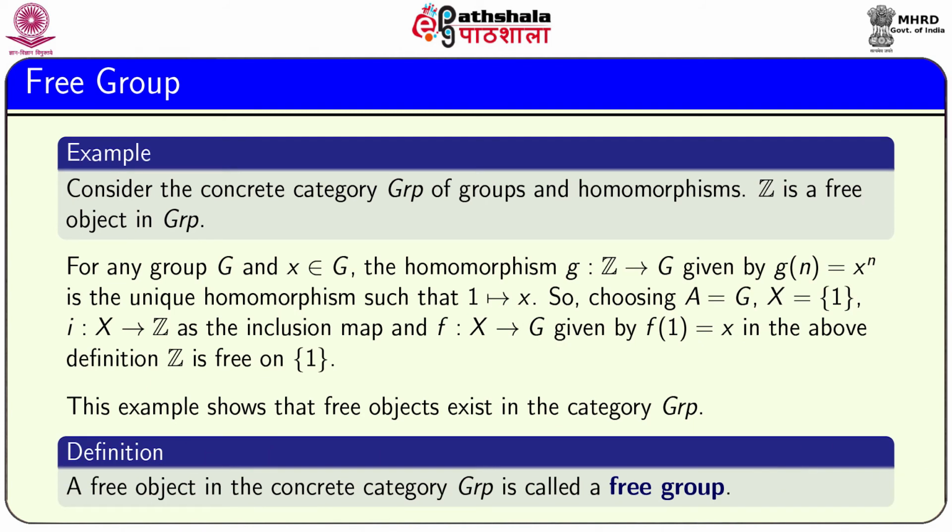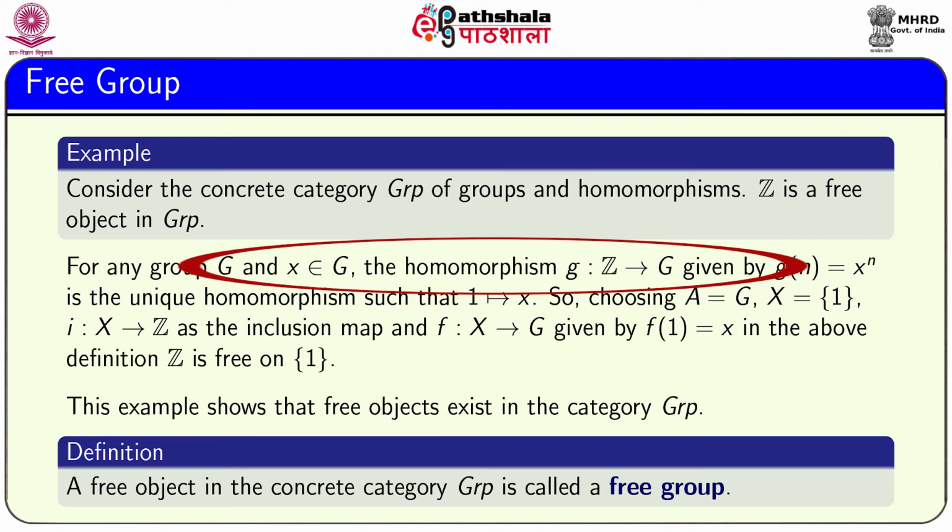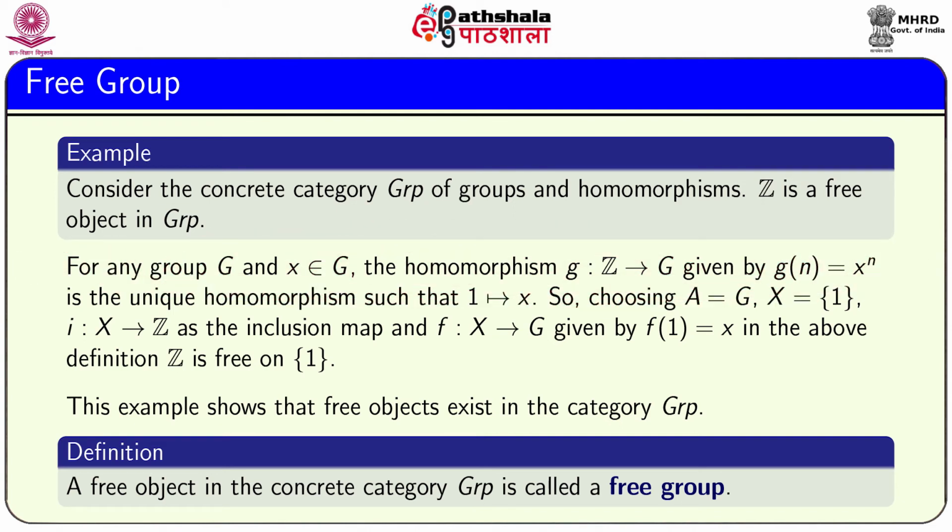Why so? Let us take any group G and take any point x from G. The homomorphism g from Z to G given by g(n) equal to x to the power n is the unique homomorphism such that it maps the integer 1 to that particular element x of G. So, choosing A as the group G, X as the singleton set {1}, i from X to Z as the inclusion map, and f from X to G given by f(1) equal to x in the definition of free objects, we get that Z is free on the singleton set {1}.